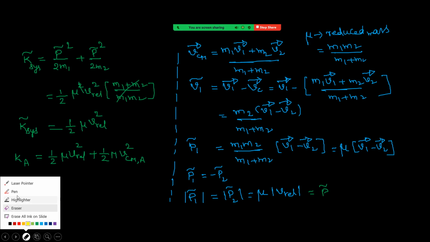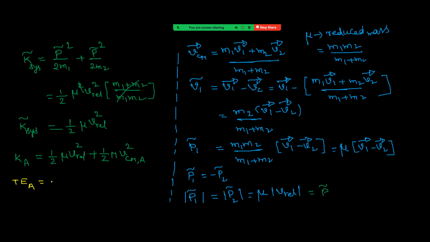Right, see carefully. Total energy in a frame A is equal to the potential energy in that frame plus the kinetic energy in the same frame. Coming to potential energy, this is not depending on frame. In any frame, potential energy is the same.